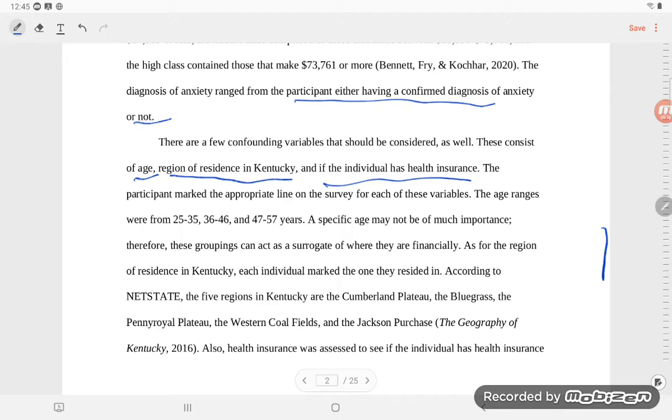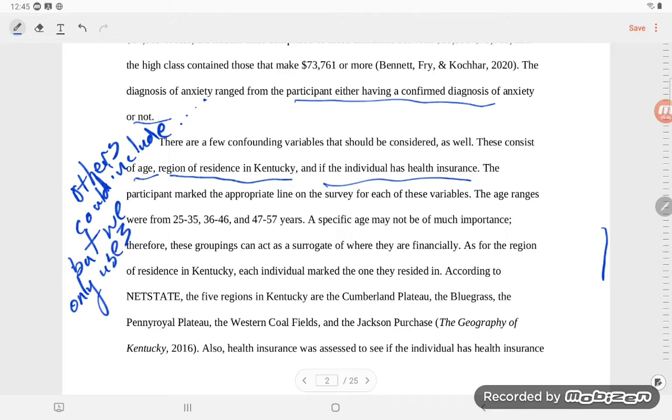Now, tossing in a statement like, others could include, all right, and you give those, but we only use 3, okay? Only use these 3. That'd be fine.